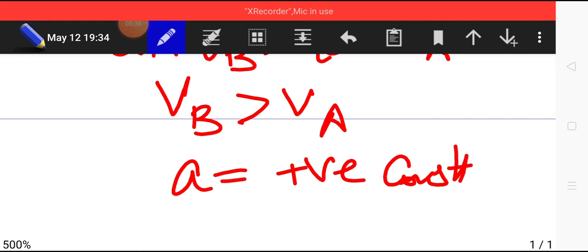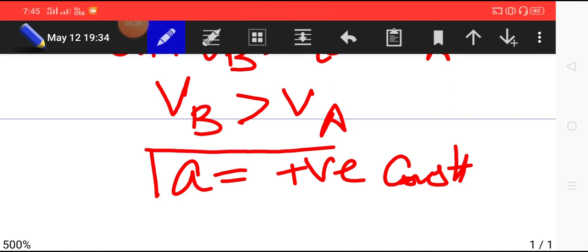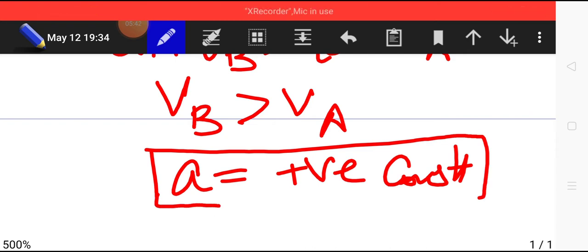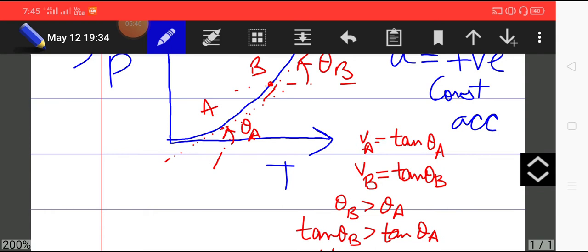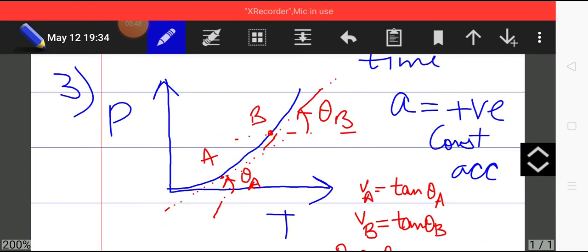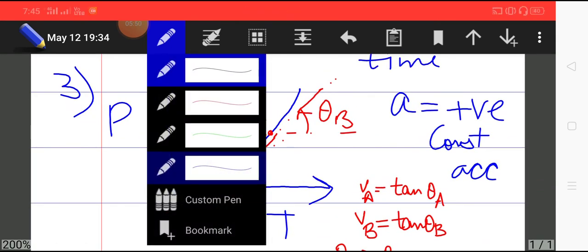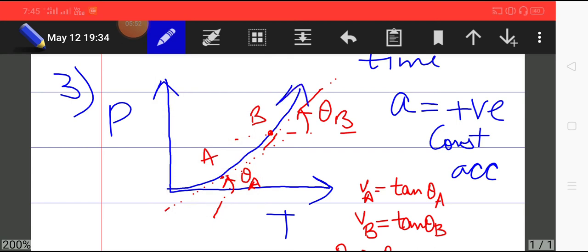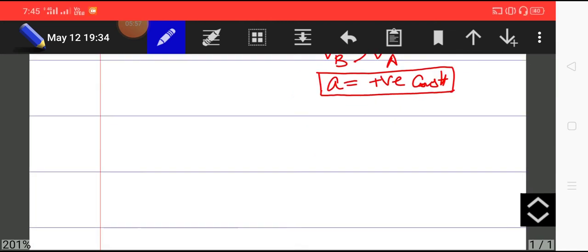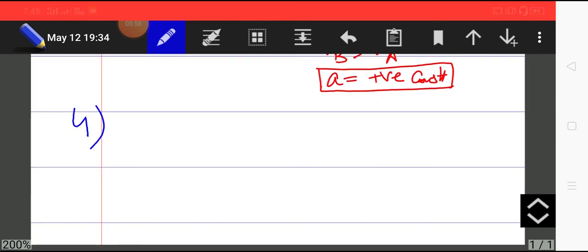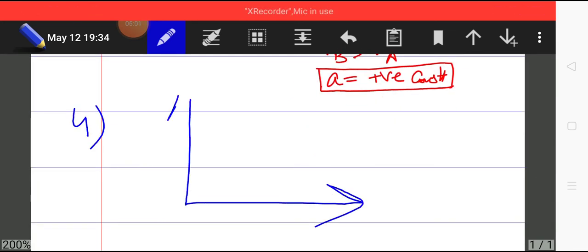It may be positive increasing, but that is not the case in your class 11th. Positive constant acceleration is the main case, and we'll use equations of motion for that. So you can easily observe from the position-time graph that velocity is increasing because inclination is increasing.